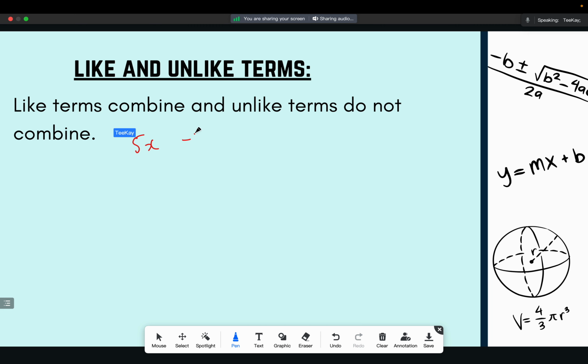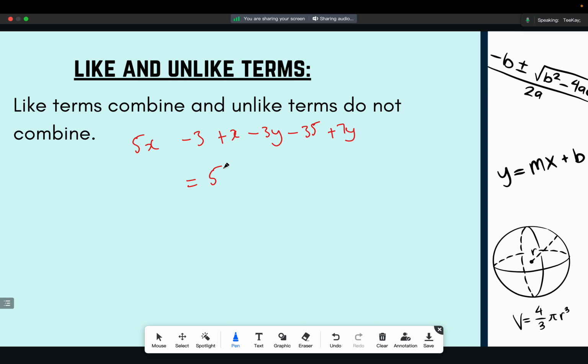5x minus 3 plus x minus 3y minus 35 plus 7y. So what we do is group terms that are alike.